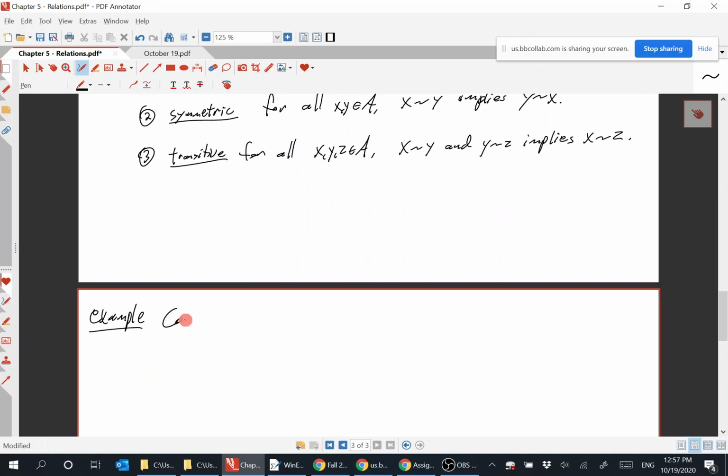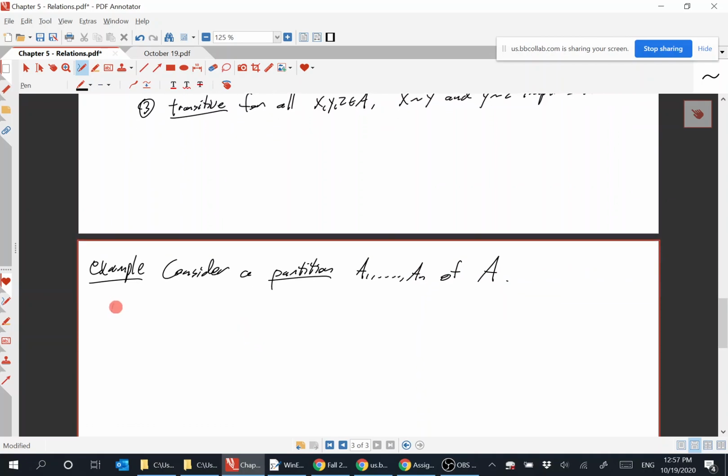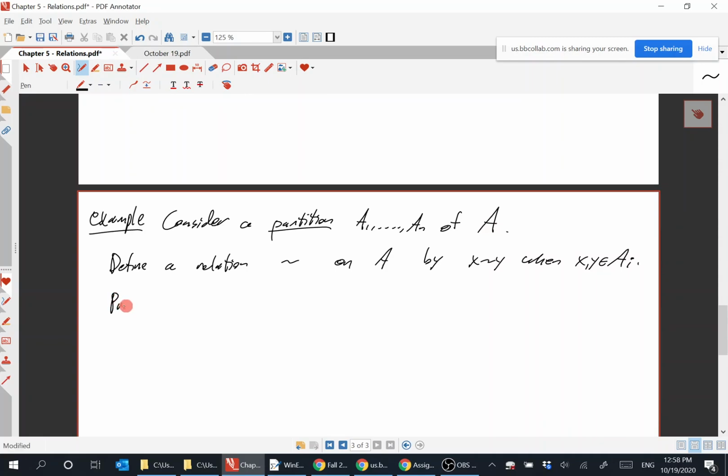All right, consider a partition A1 to AN of set A. Define a relation on A by X is related to Y when X and Y are in the same AI, in the same block of the partition. Prove that this is an equivalence relation.